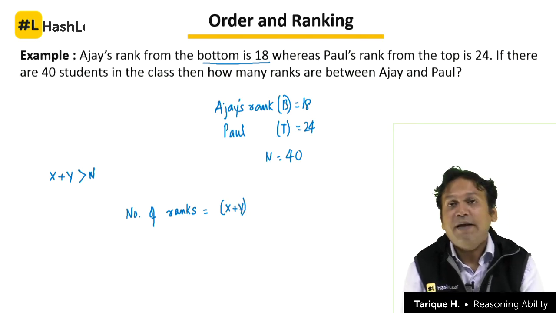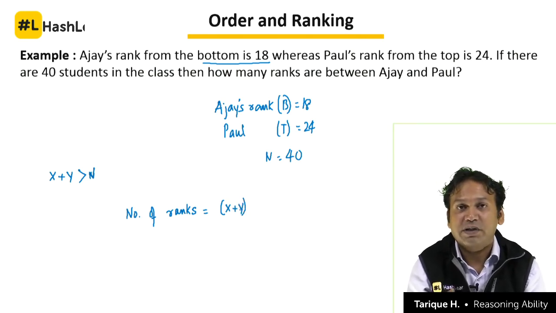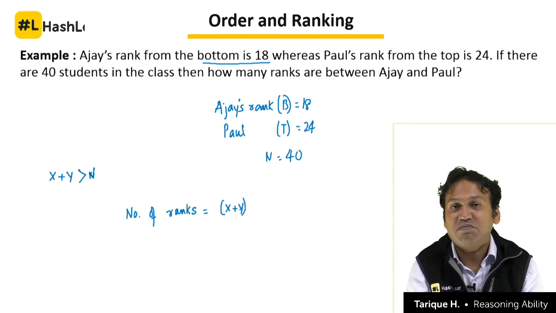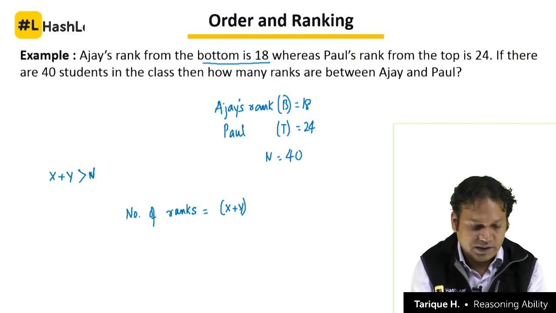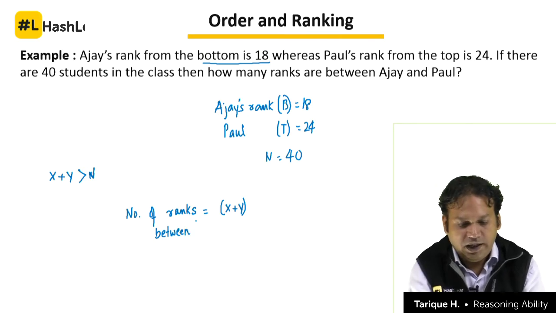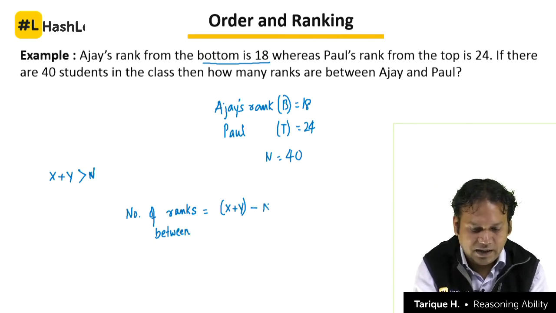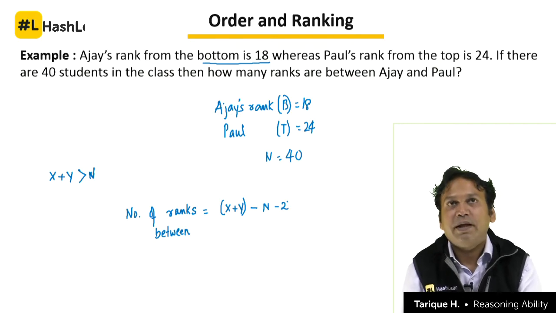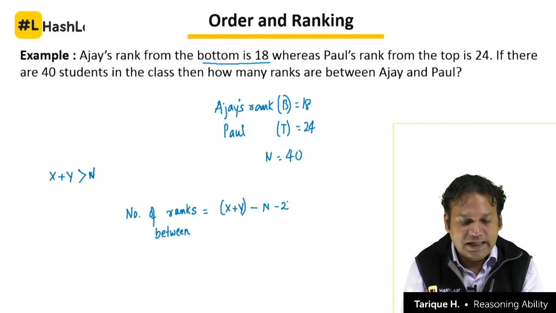Please remember, when the sum of rank of two persons from top and bottom adds up to more than the number of students, the number of ranks between them equals x plus y minus n minus 2, x plus y minus n minus 2.